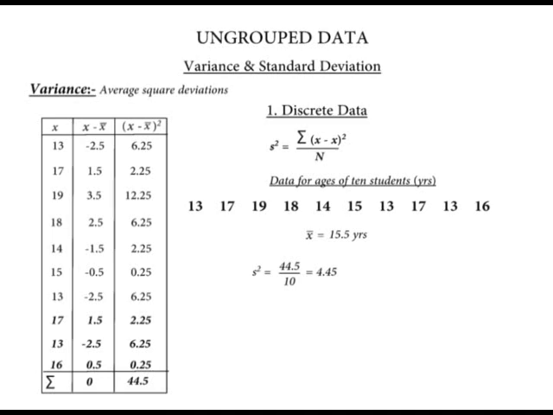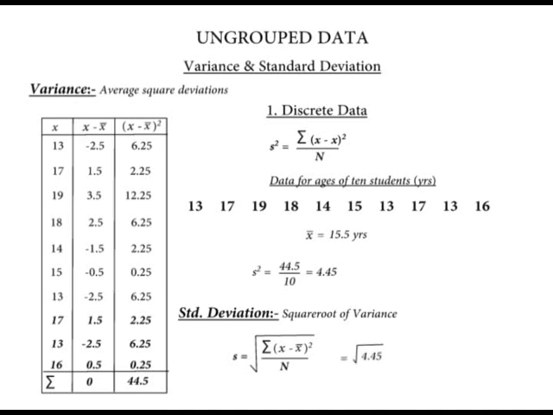The standard deviation is the square root of variance. That is, standard deviation is equal to the square root of the summation of x minus x bar squared over n. So in this case, our standard deviation will be the square root of 4.45.